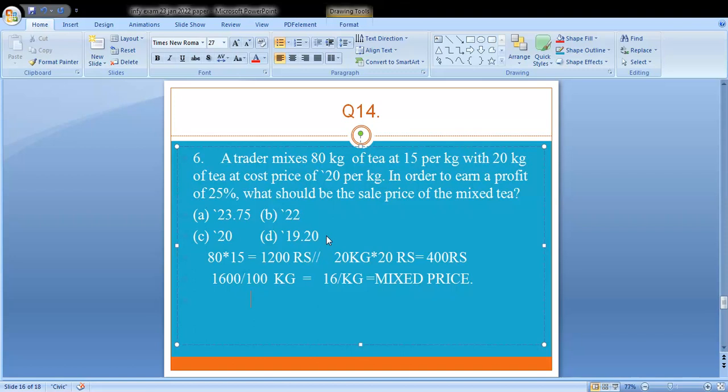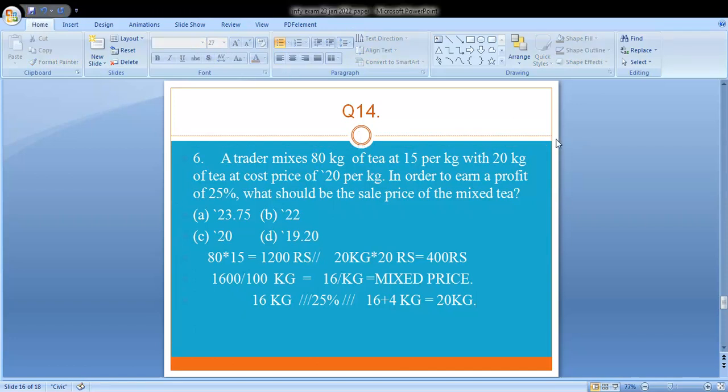We want to get a profit of 25%. 25% of 16 is 16 by 4, that is 4, so 16 plus 4 is equal to 20 rupees. Hope it's clear.